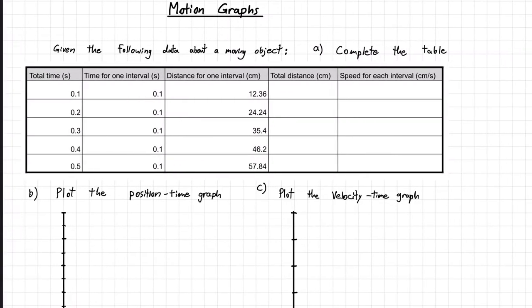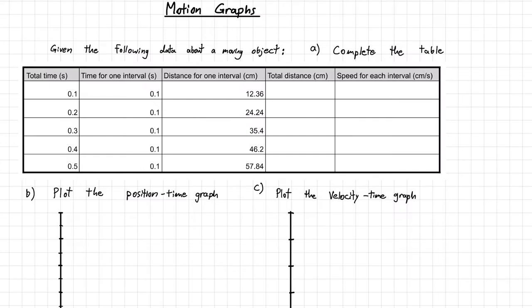So we're given the distance for one interval over here, the time for one interval, and the total, kind of a running total of how much time has passed.